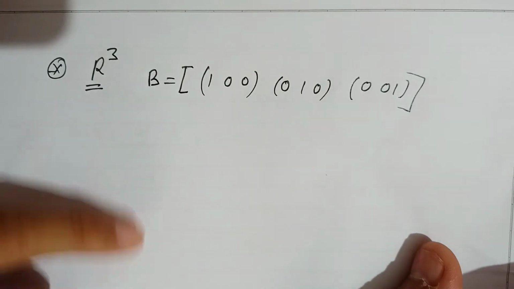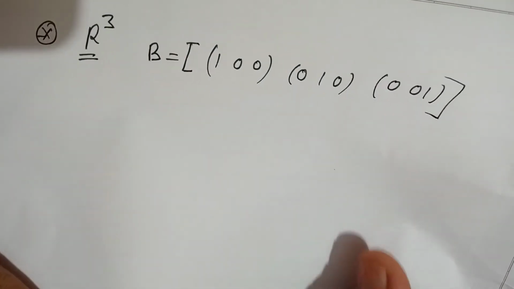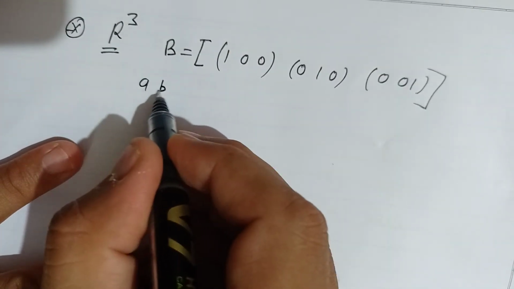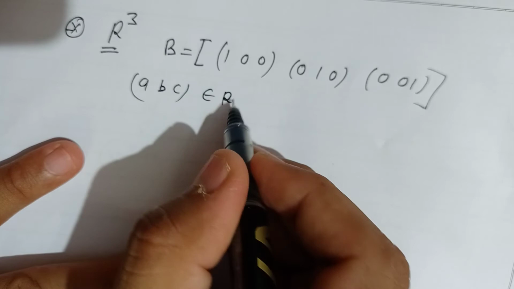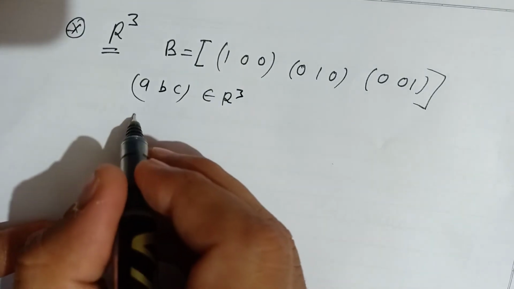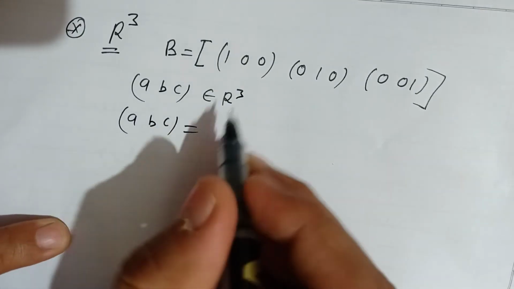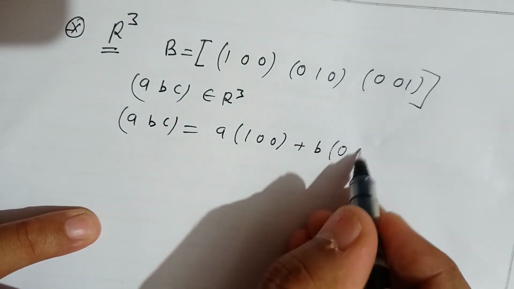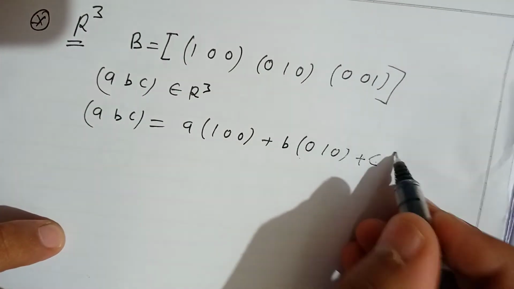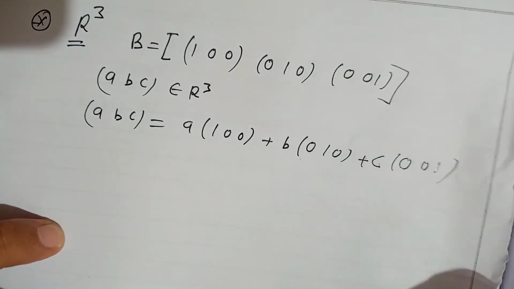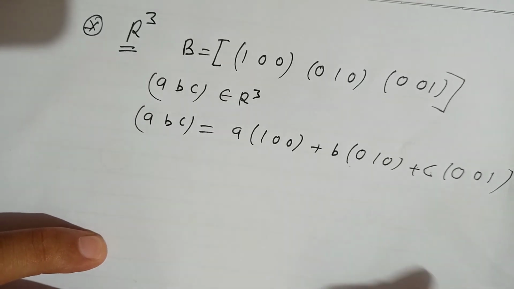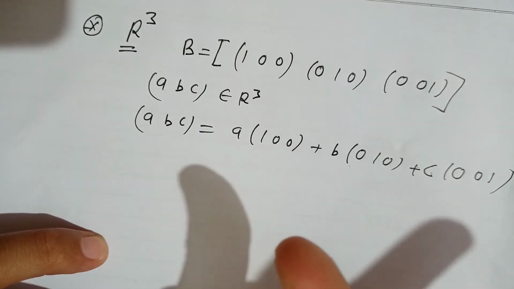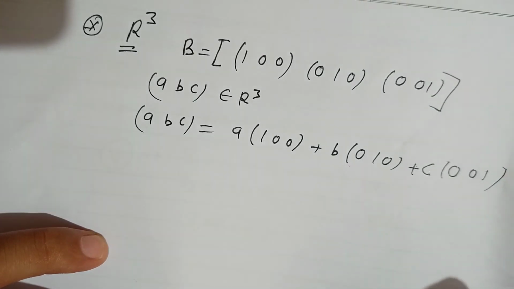This set is an independent set, and if you take any element (A, B, C) from R3, you can easily write it as a linear combination of these basis vectors: A into (1, 0, 0), plus B into (0, 1, 0), plus C into (0, 0, 1). So any element of R3 can be expressed as a linear combination of V, and V is a linearly independent set. So we say it is a basis.